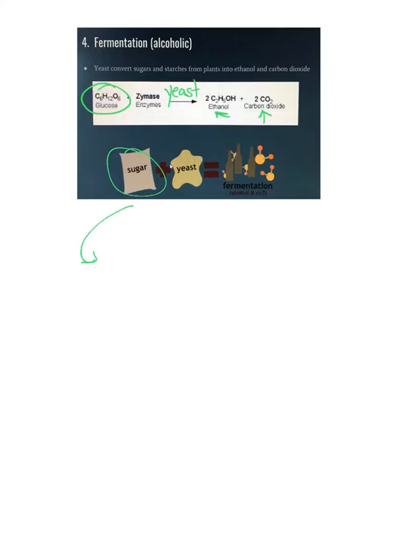Sugar is coming from the grapes or the barley or the hops. Then there's yeast that is growing naturally on those grapes, and then you ferment it and you get alcohol and CO2. So this is just an equation that you kind of have to commit to memory. You have to know if you start out with sugar and you end up with alcohol, it is a fermentation reaction.